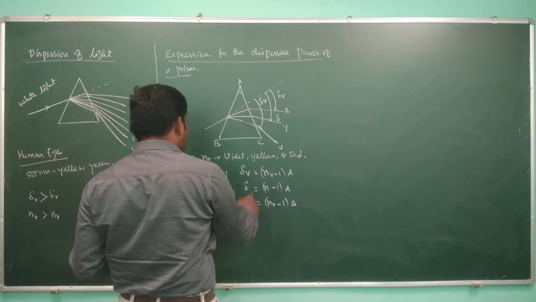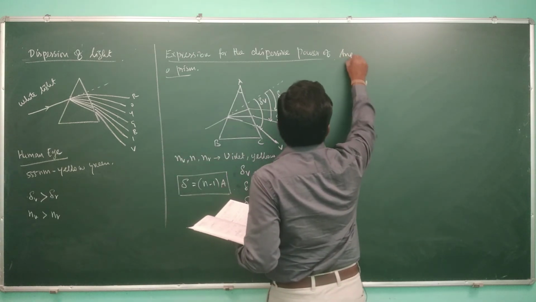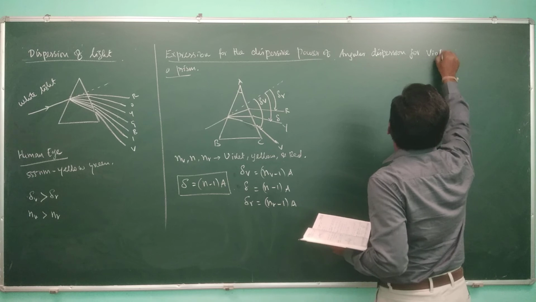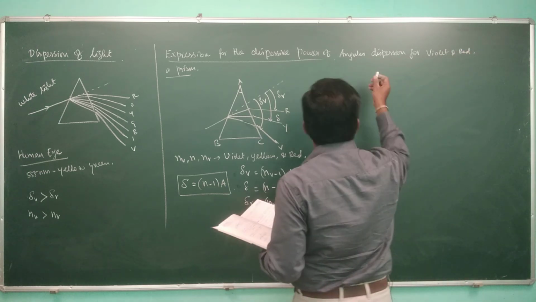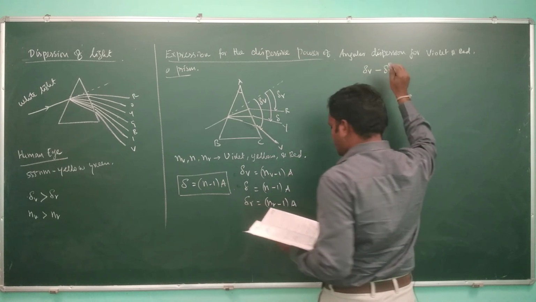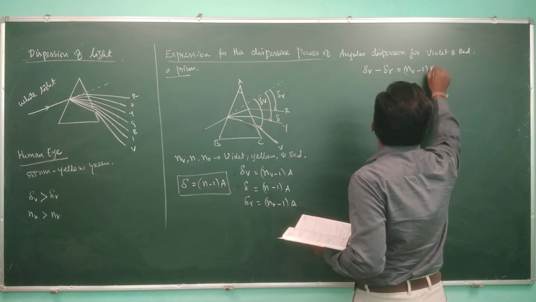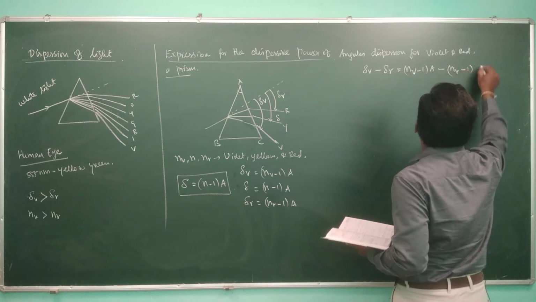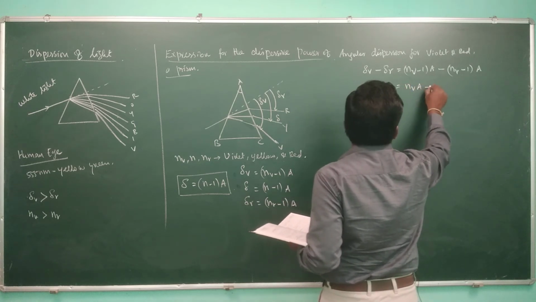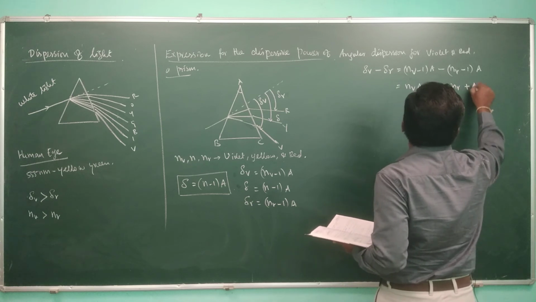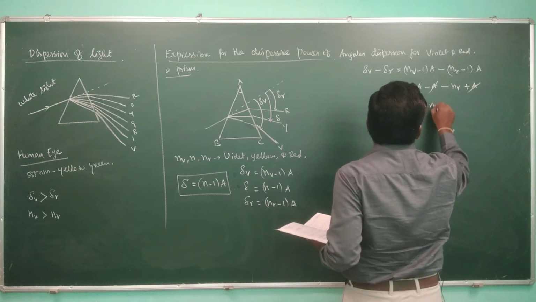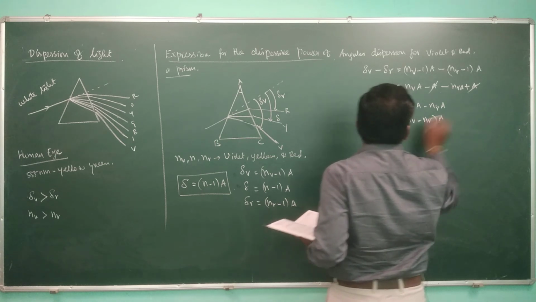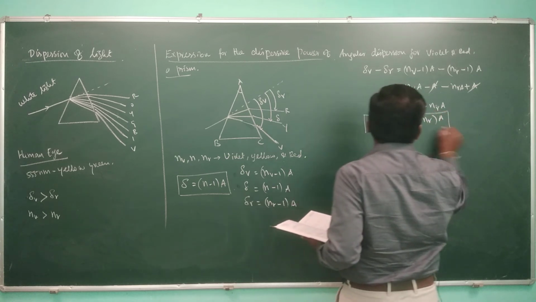Now we can write the angular dispersion for violet and red: delta V minus delta R, which is nothing but (NV minus 1) into A minus (NR minus 1) into A. If we expand that, the minus A and plus A cancel out, and we get NV into A minus NR into A, or (NV minus NR) into A, which is nothing but the angular dispersion between violet and red color.